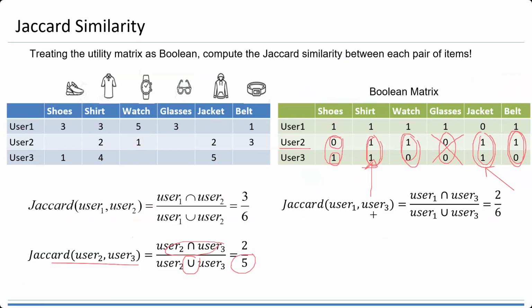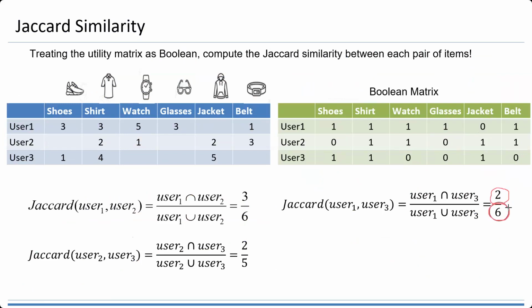And what about user 1 and user 3? So we have 2 divided by 6. This item, they are available. This item, they are available. This item, only one of them has.